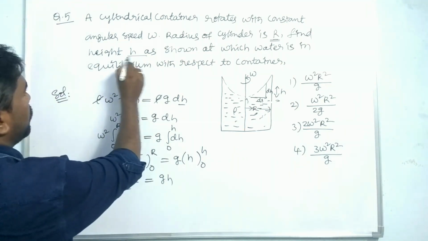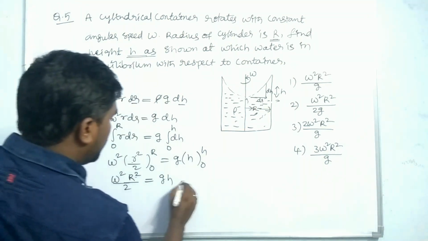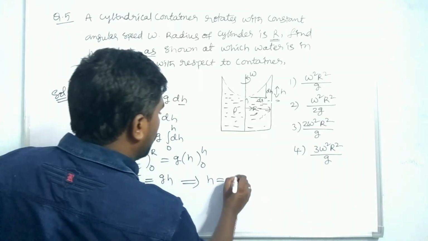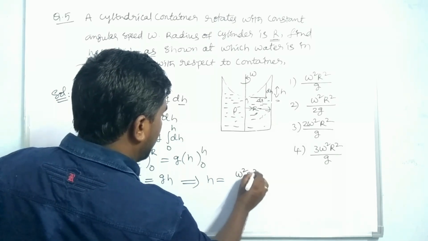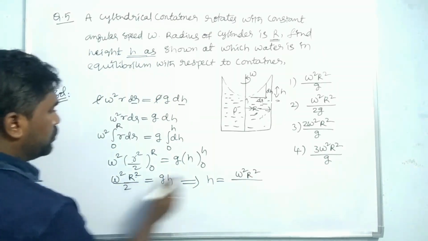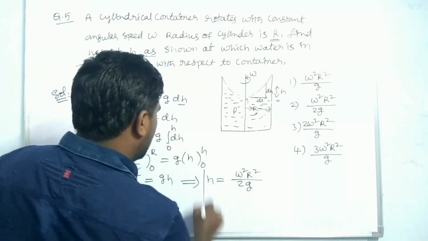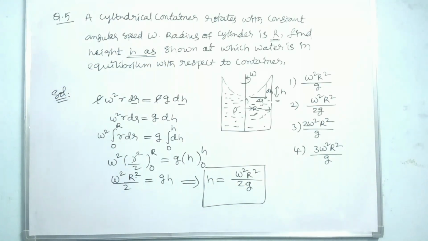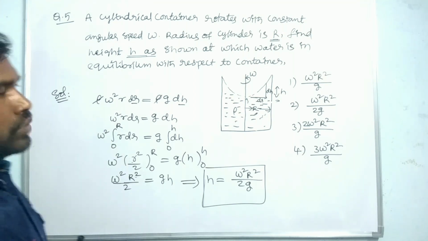What is the value of height h? Let us write the subject of the height: it is equal to omega square r square by 2 into g. So this is the height of the water in equilibrium with respect to the container.